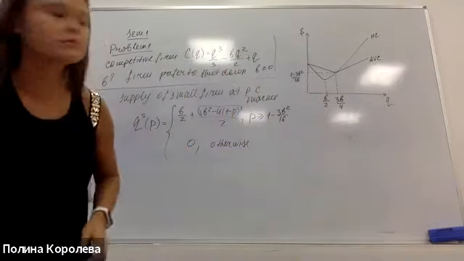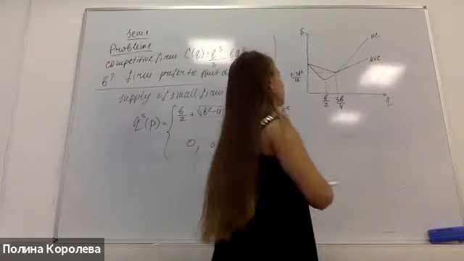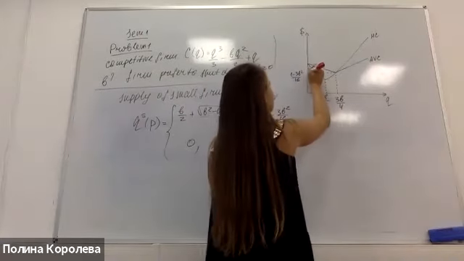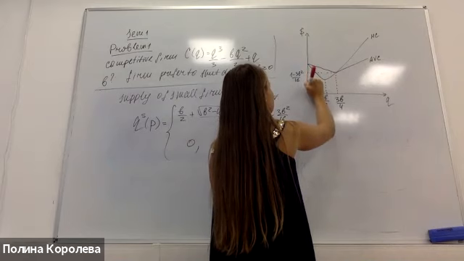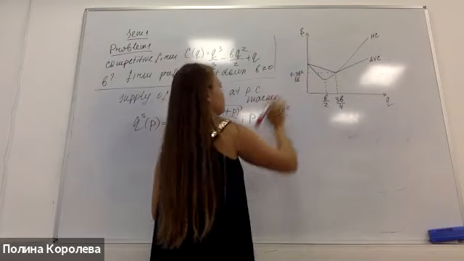So, let's draw the supply, the inverse function of supply. We produce 0 if price is less than 1 minus 3b squared divided by 16.